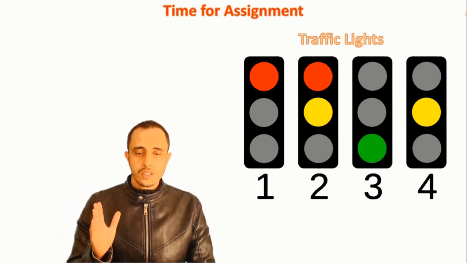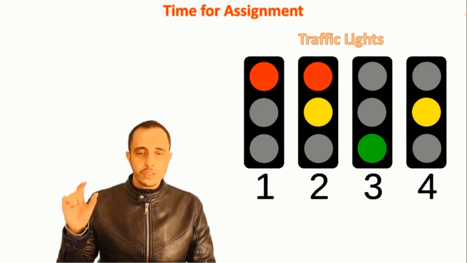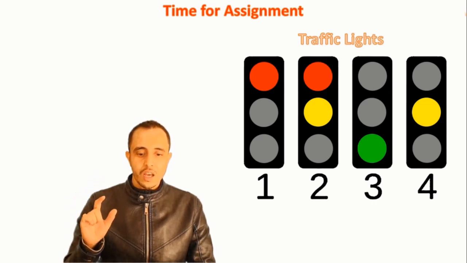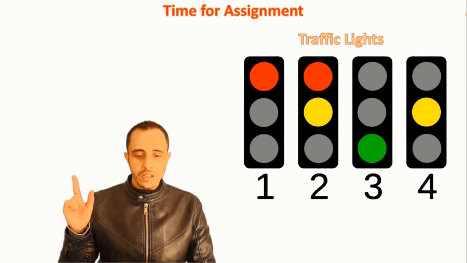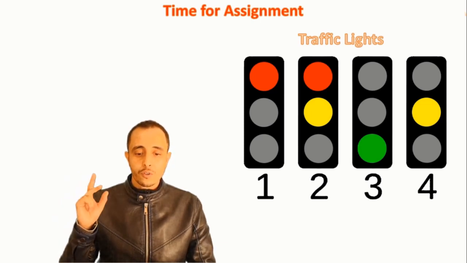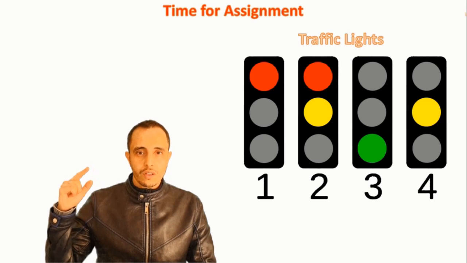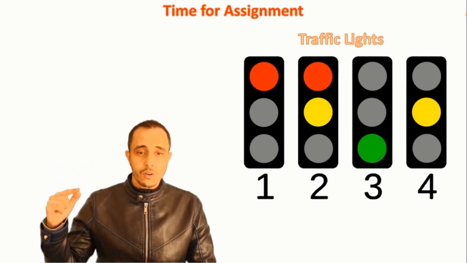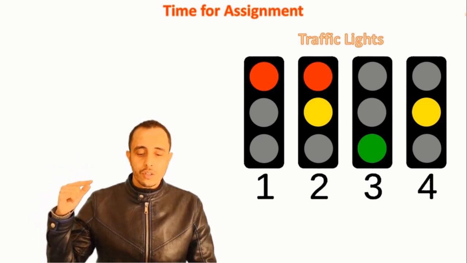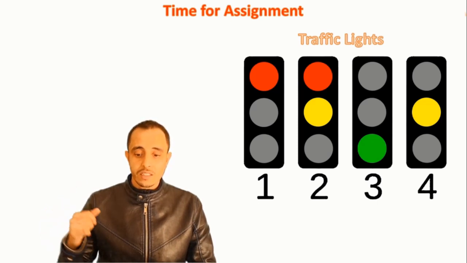In the first state, as you can see, turn on the red LED for 10 seconds. In the second state, turn on the yellow LED for 2 seconds. And in the third state, turn off the red and the yellow LED while turning on the green LED for 10 seconds.